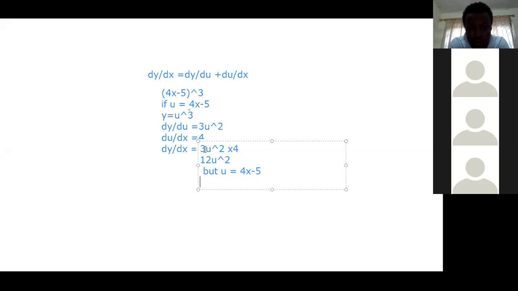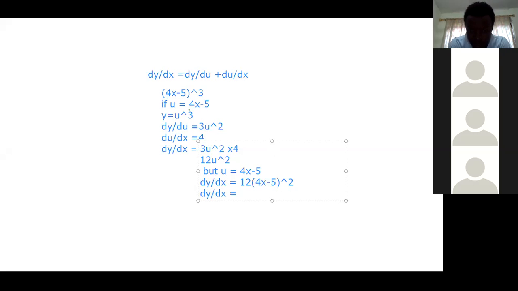So anywhere we see u, you substitute, and you are going to get dy slash dx is equal to 12 into bracket 4x minus 5, raised to the power 2. Yes.